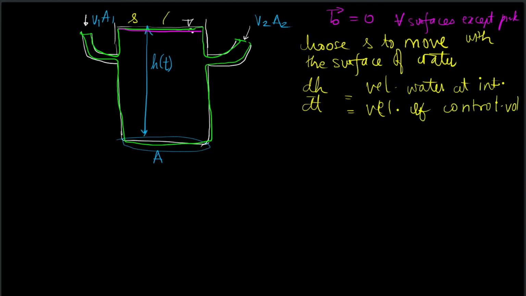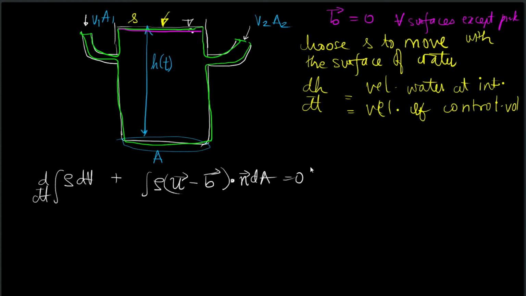Now if I write down the statement of the conservation of mass, what do I have? I have d/dt of integral rho dV plus integral rho (u minus b) dot n dA equal to 0.